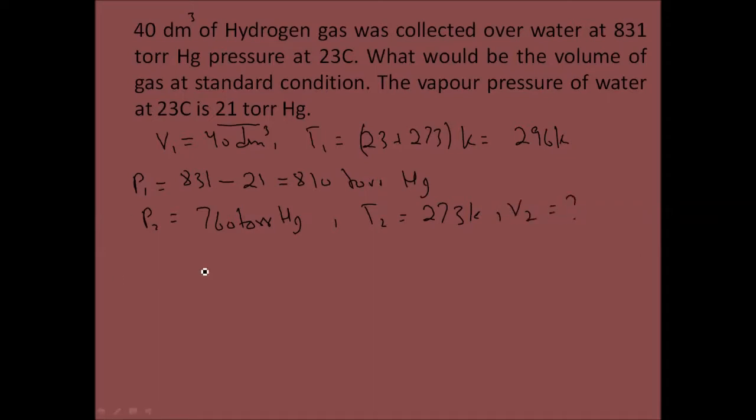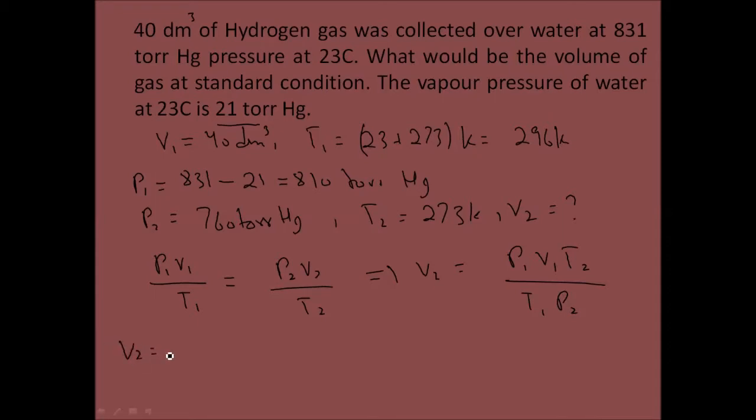By the before and after condition, we can write the relation P1 V1 over T1 is equal to P2 V2 over T2. Now make V2 the subject. This will be P1 V1 T2 divided by T1 P2.